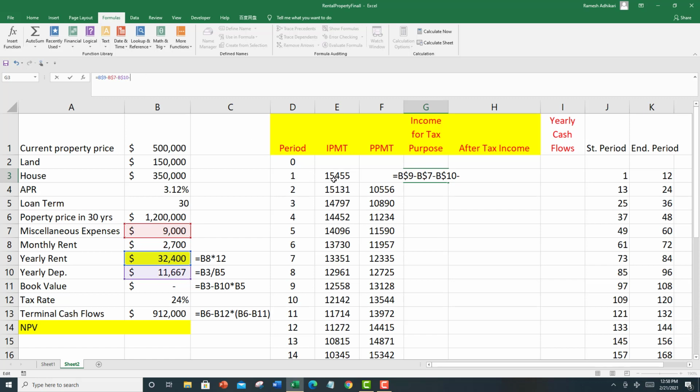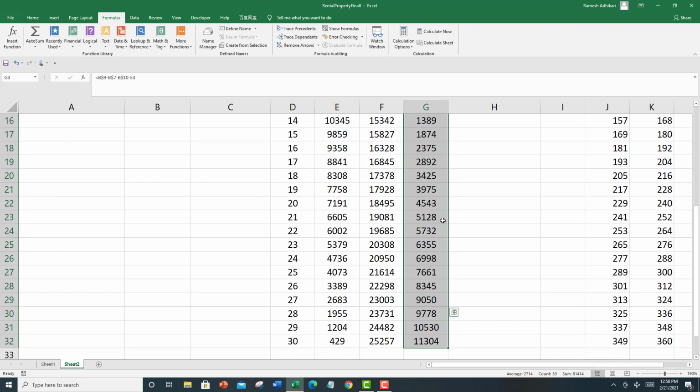I'm not going to put this $, because this interest payment is going to be different for each year. So once I compute it, that gives me the income for tax purpose, okay, for year 1. For the remaining period, you can simply double click, that gives me the income.